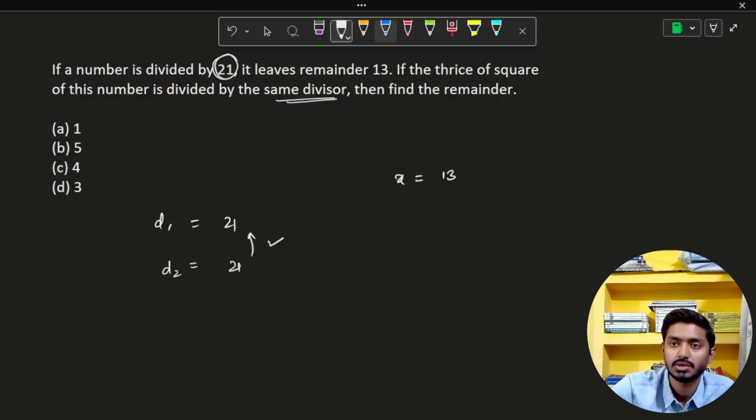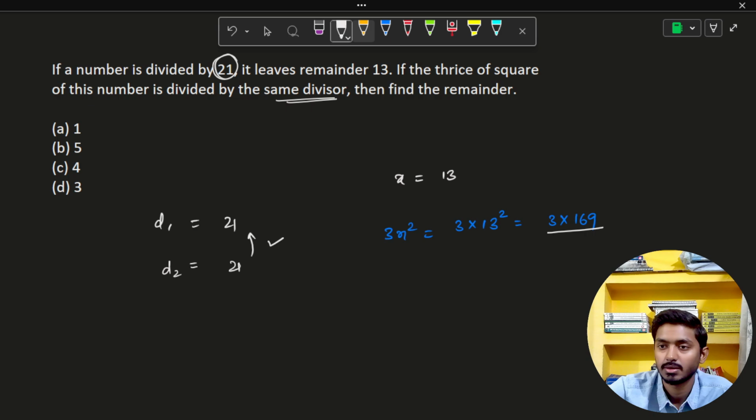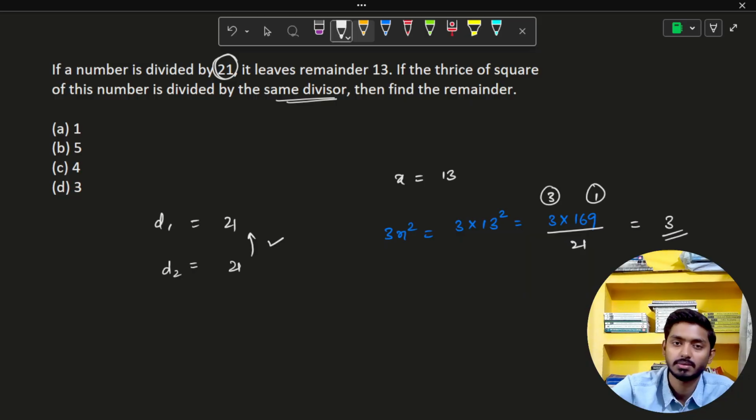You are supposed to find thrice the square of the number, that is 3x square. 3 times 13 square, that is 3 times 169, and you are supposed to divide it by 21 only. If you divide 3 by 21, you get 3 as remainder, and you divide 169 by 21, that would be 8 times 168, 1 as remainder. Multiply them, you get 3 as your remainder. So the correct option would be D, which is 3.